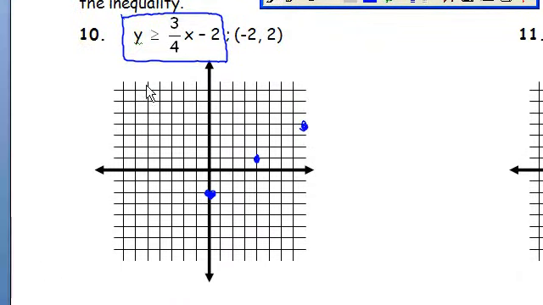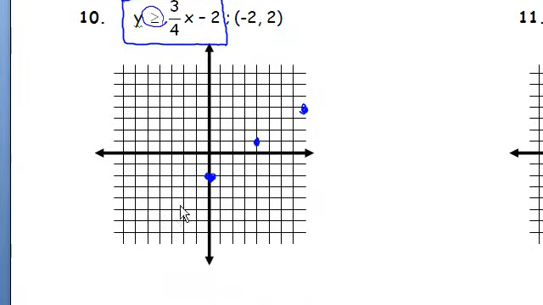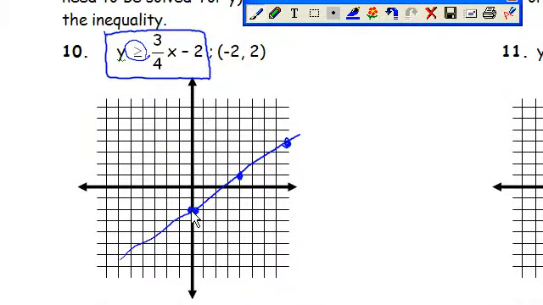So we'll draw a solid line because that's greater than or equal to. And we see that y is greater than. So what I like to do is put my pen right on the y-intercept, and I see greater than. That tells me to shade above the line.